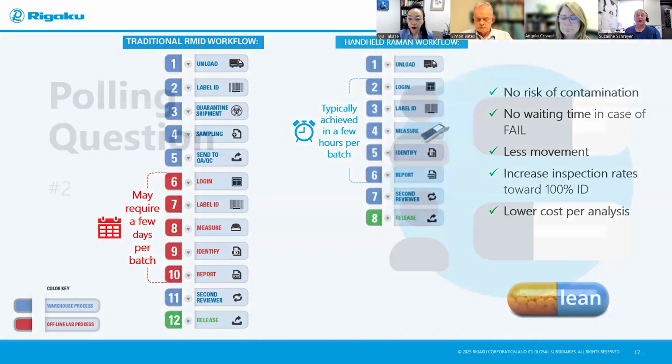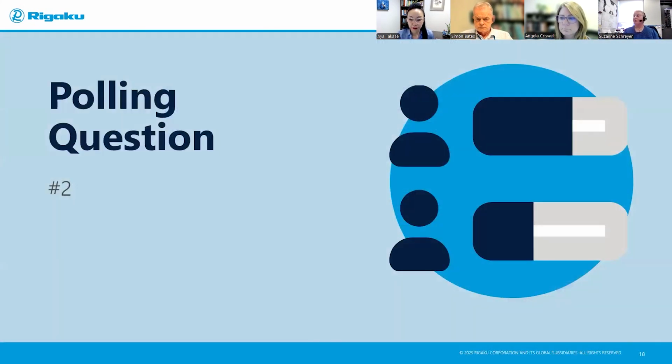Okay. And at this point, I think we're stopping for polling question number 2. Okay. So let me start. This is going to be the last question we have for the audience. Okay. So the question is, what is your biggest challenge with implementing new analytical technologies like handheld Raman?